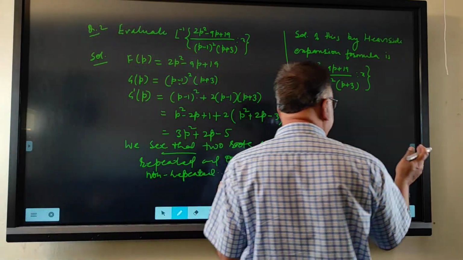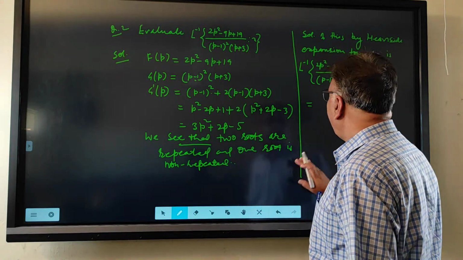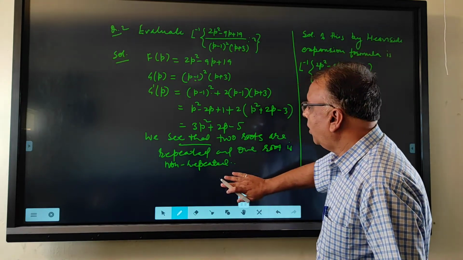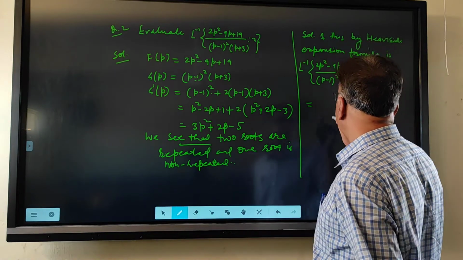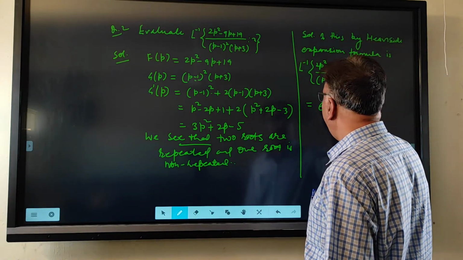First we write the solution of the expansion formula for repeated roots. The solution is e raised to alpha x.